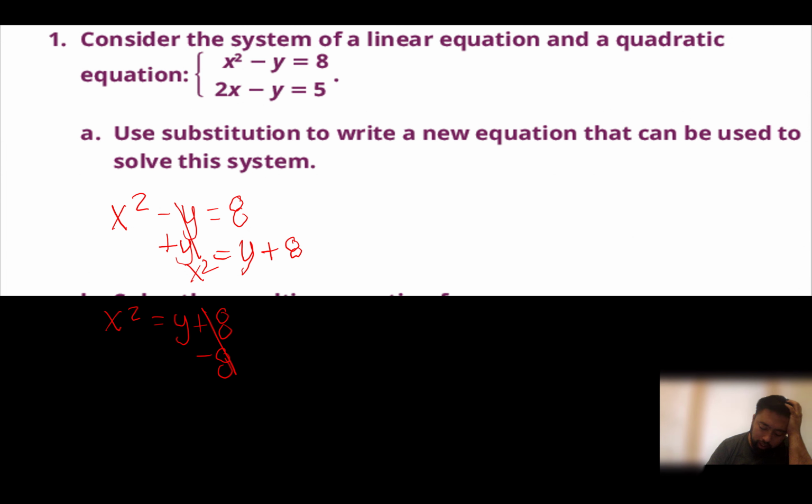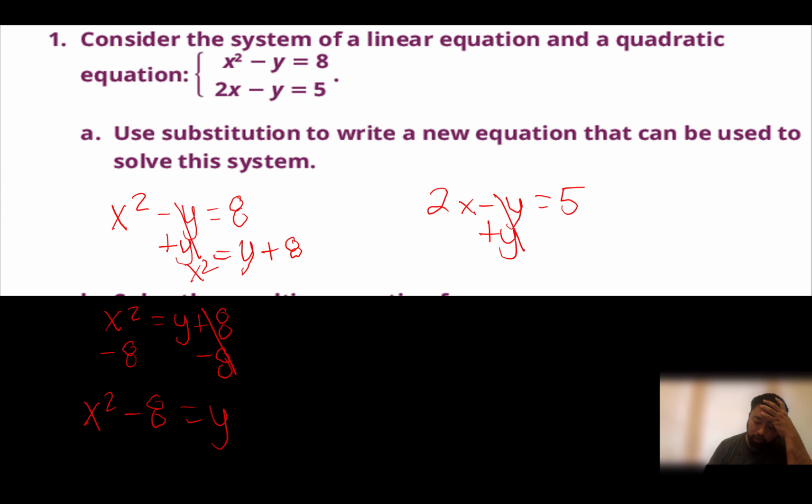on the other side. We do it on one side, we do it on the other, so it's going to be x squared minus 8 equals y. And we need to do it to the other one. 2x minus y equals 5. Y can't be negative, so let's add y on one side.